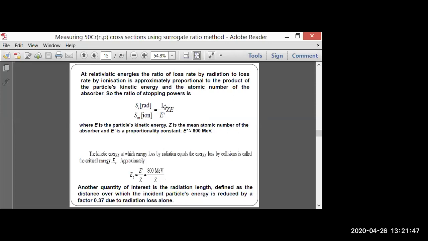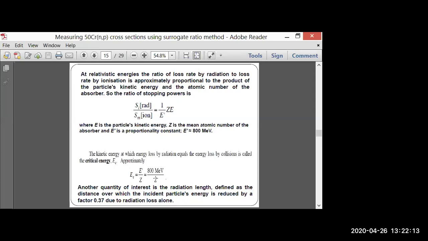And if you go further, there is a term called critical energy, represented by EC. So you see EC is equal to E dash by Z. And as I mentioned, E dash is a constant equal to 800 MeV, and Z is the material atomic number. So what is the physical significance of critical energy?